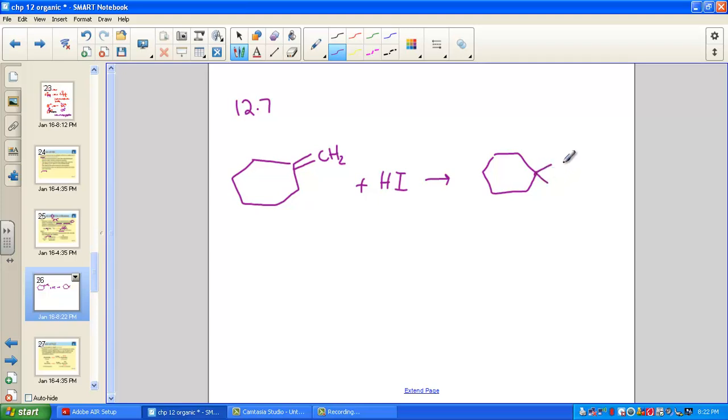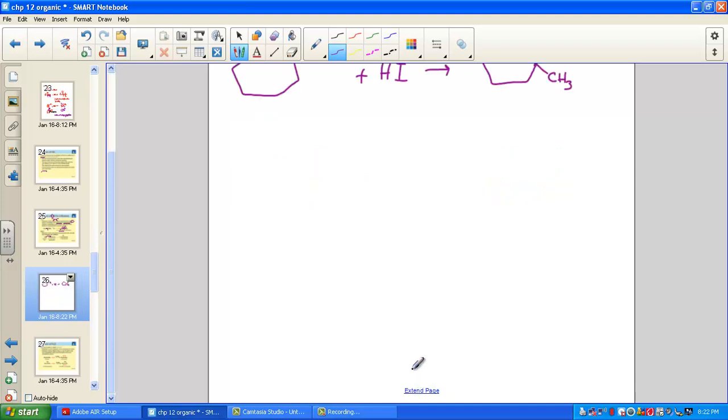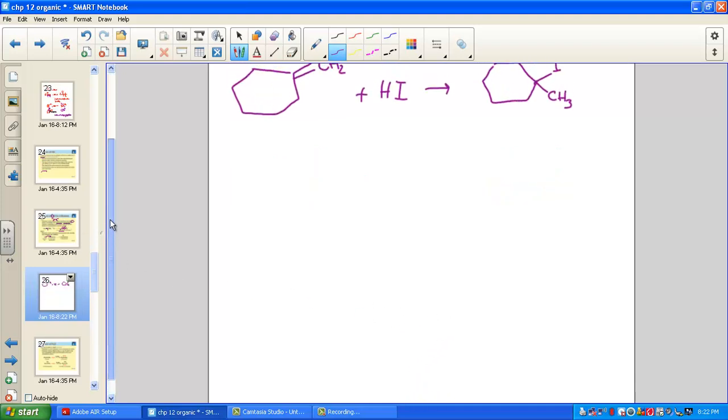and here. Propose a mechanism for this reaction. We understand that it is a two-step process. Step 1 is the formation of a carbocation.